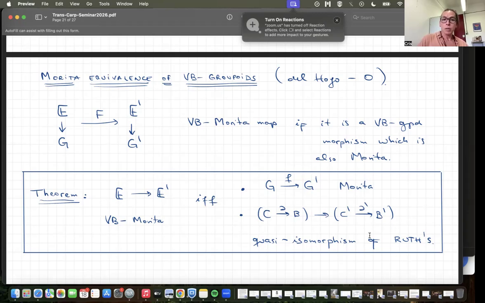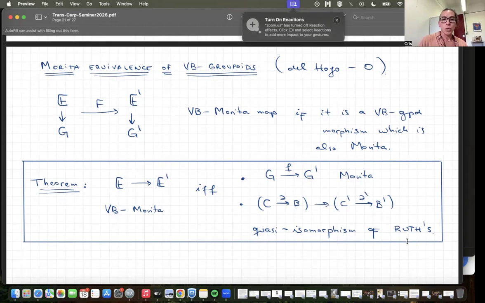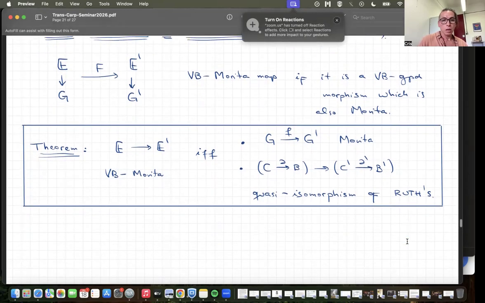So our theorem says that VB Morita maps are the same as being Morita in the base and a quasi-isomorphism of two-term complexes with these fancy symmetries. Okay? But anyway, so this is the theorem, and with this theorem we can produce examples.